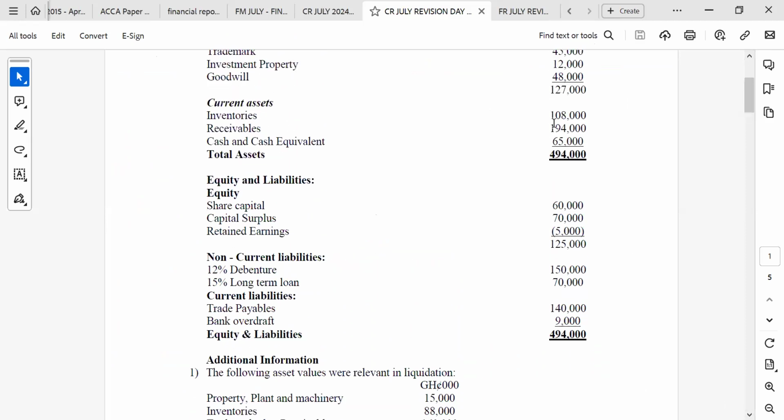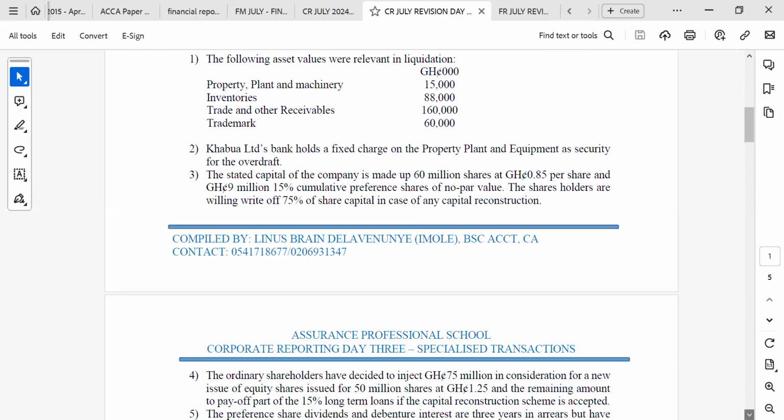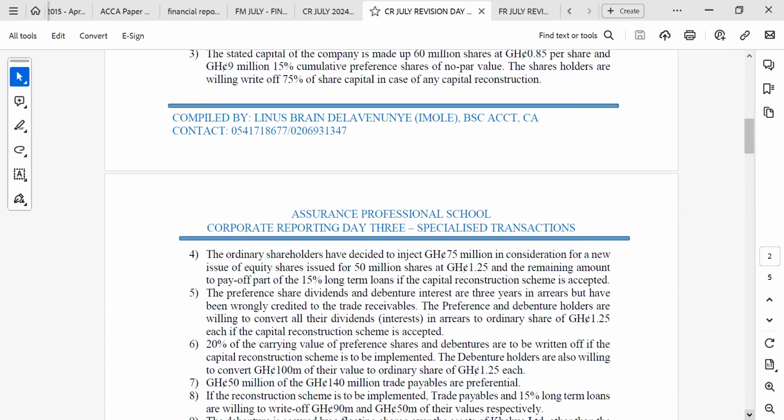The receivable is 194 over here. Don't go and treat that as the value. There is a statement about the trade and other receivables here. The statement, the fifth one, the footnote 5.